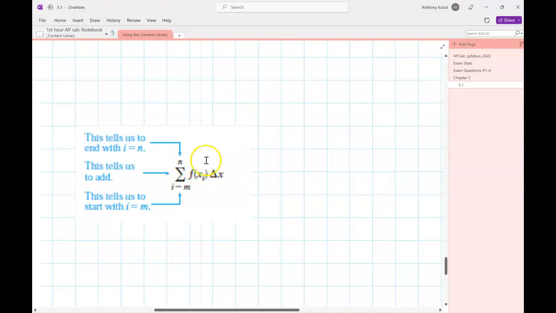And then inside there is telling you what each term looks like. So in this case it would be f of xm times delta x plus f of x m plus 1 times delta x plus f of x m plus 2 times delta x all the way out to f of xn times delta x.